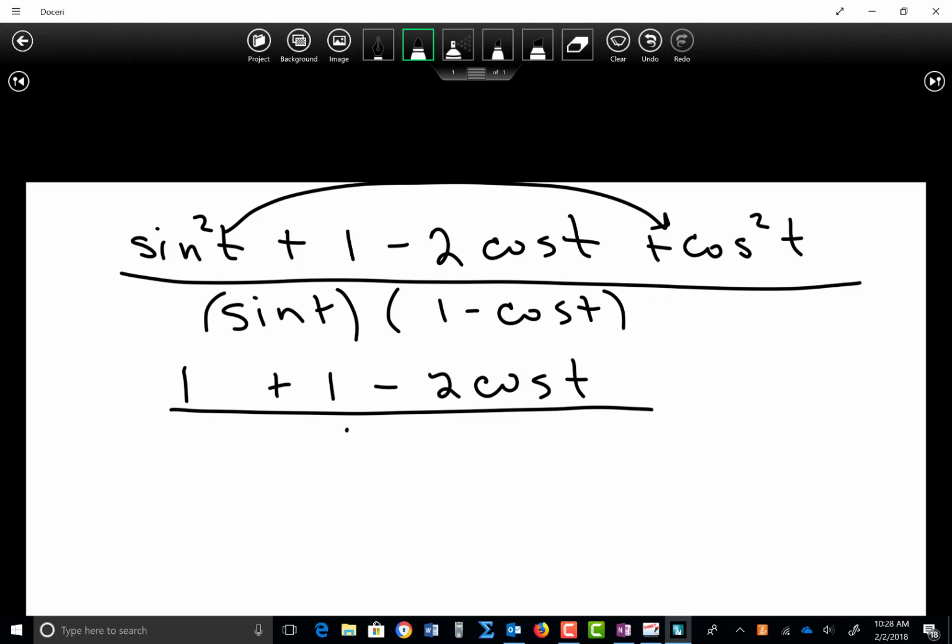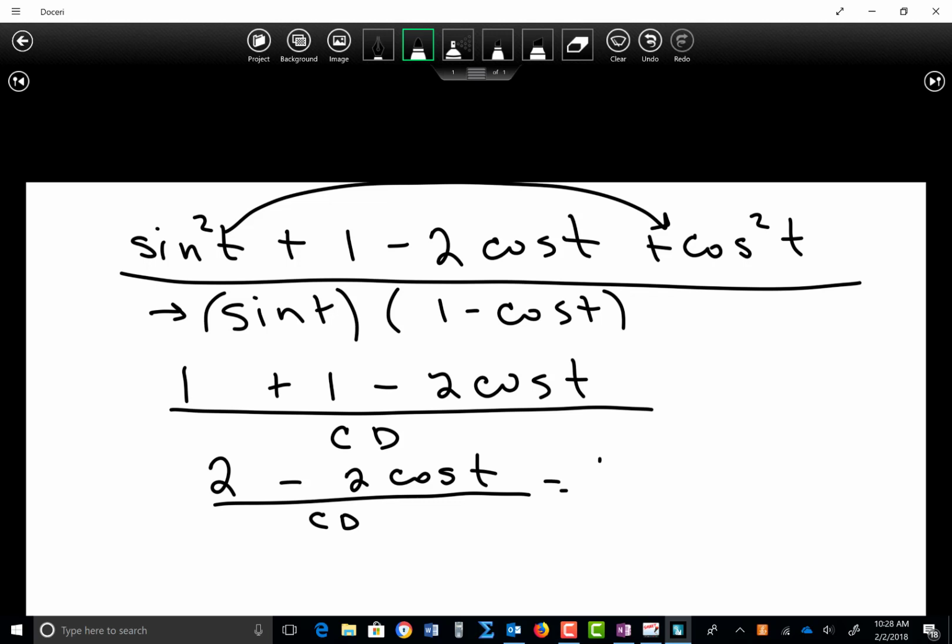And I'm just going to put a little CD for common denominator standing down here so I don't have to write this thing again for now. Then I have 1 plus 1 is 2 minus 2 cosine t. And again, I'm just going to put common denominator for now. I can factor a common term out of the top, which is the 2.